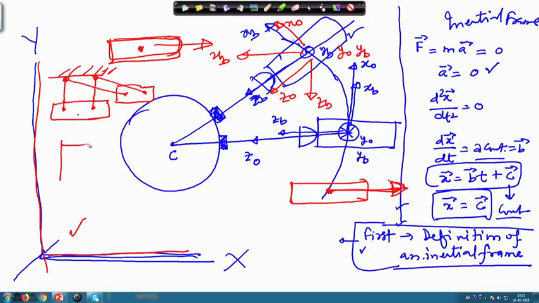This is purely a translational motion. On the other hand, if I have a body like this, attached here, it can rotate here, but here it is fixed. There is no rotation involved here. So, as you rotate about this, it goes from this place to this place and looks like this.